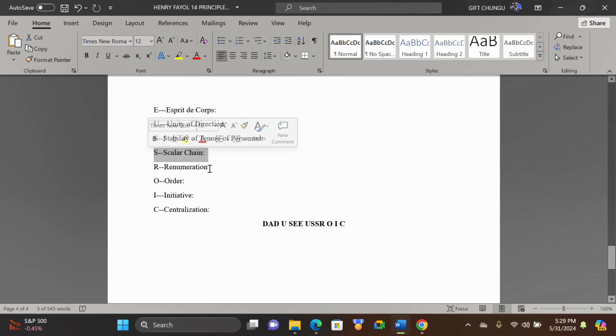And then we also have remuneration. What we are looking at on remuneration is that payments and rewards are supposed to be given accordingly, not whereby you get to be biased. Make sure you give them their payments and their rewards accordingly.